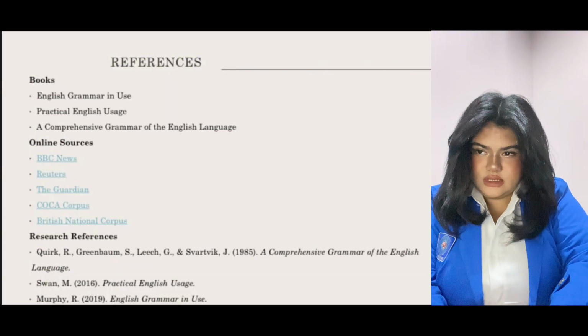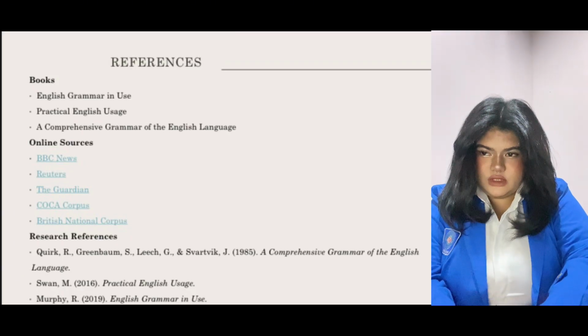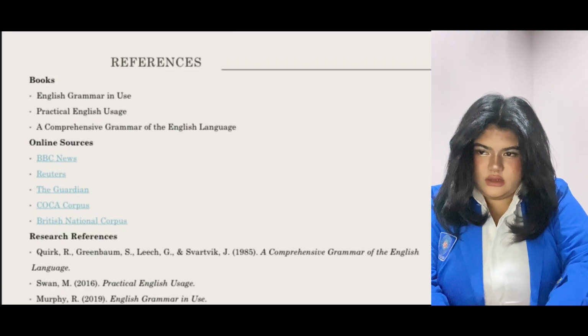For the references, for the books: English Grammar in Use, Practical English Usage, A Comprehensive Grammar of the English Language. For online sources: BBC News, Reuters, The Guardian, COCA Corpus, British National Corpus.